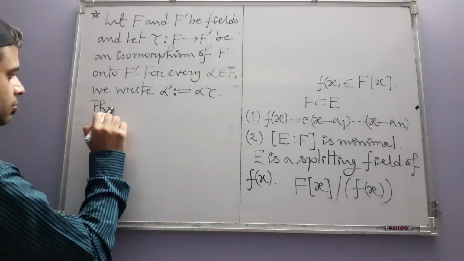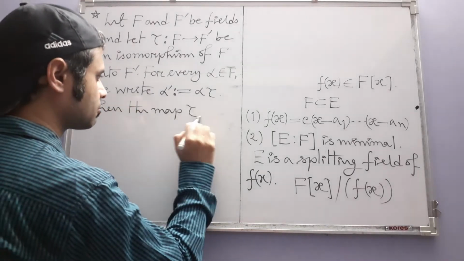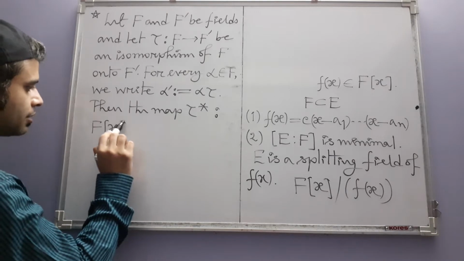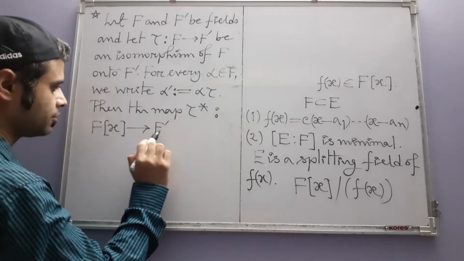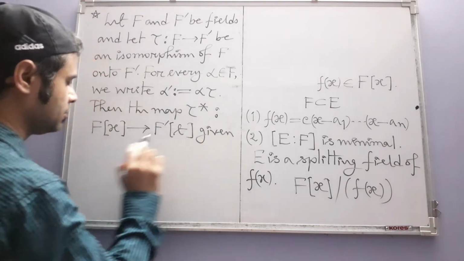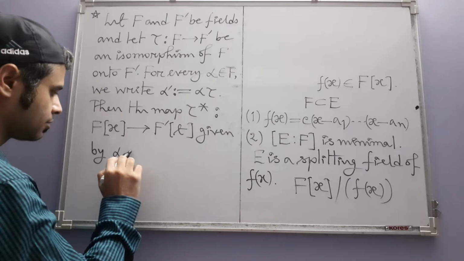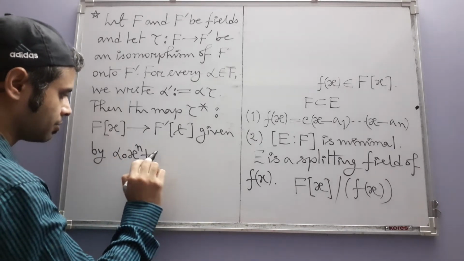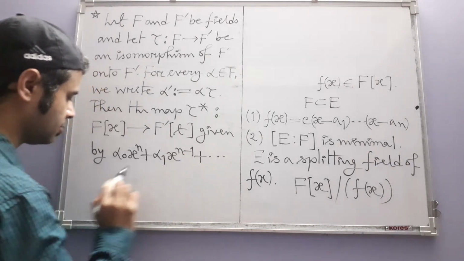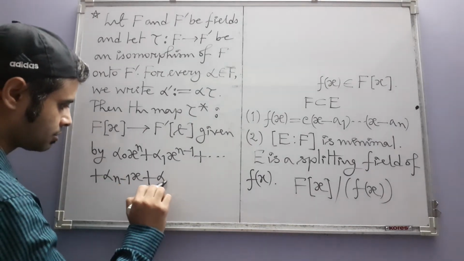Then the map tau star from the polynomial ring F[x] to the polynomial ring F prime[t], given by this formula: alpha_0 x^n + alpha_1 x^(n-1) + etc. + alpha_(n-1) x + alpha_n.